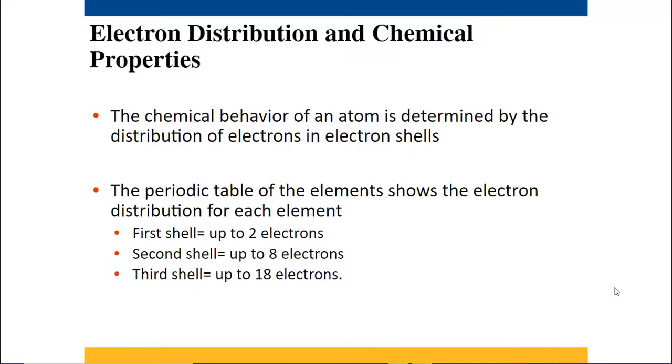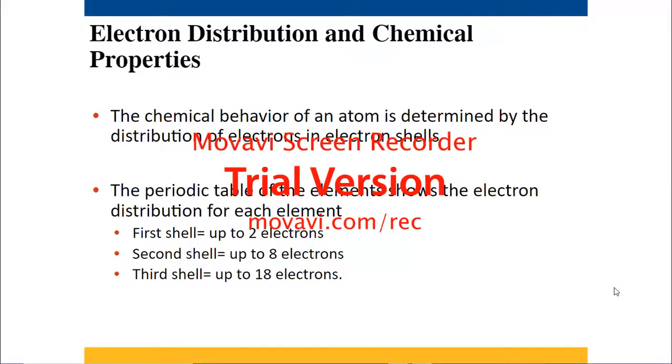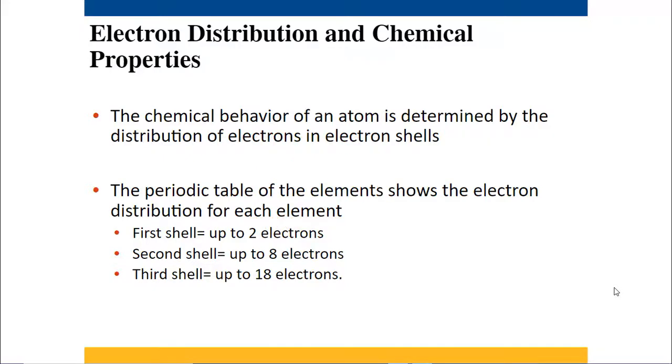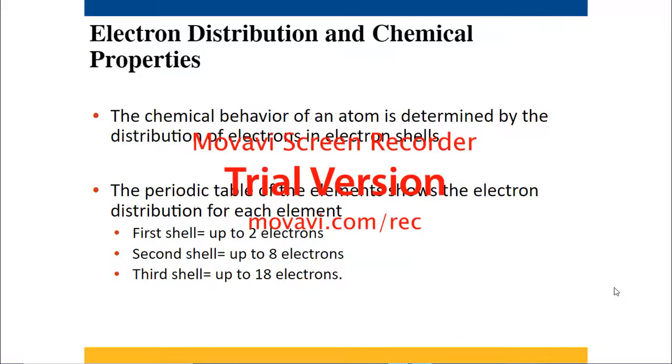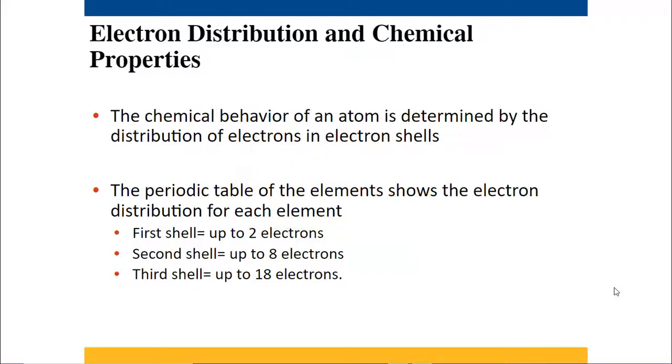So now let's talk again more about electron distribution and how electrons are arranged around the nucleus. The first thing that you need to remember, which is a fundamental part of chemistry, is that the only reason there are chemical reactions is because elements want to achieve their most stable, well, actually, I'm sorry, I should not just say elements, electrons.